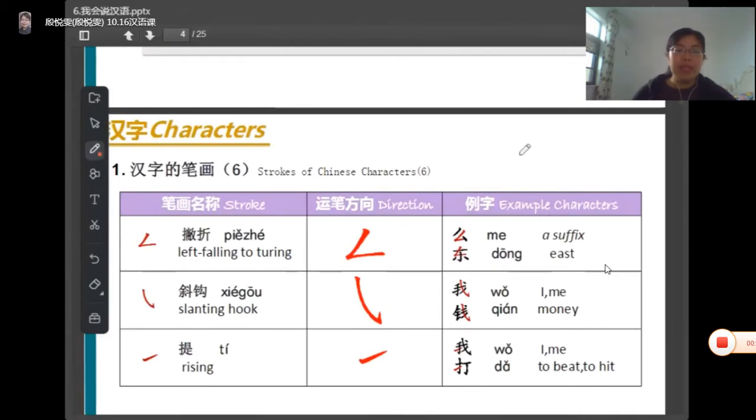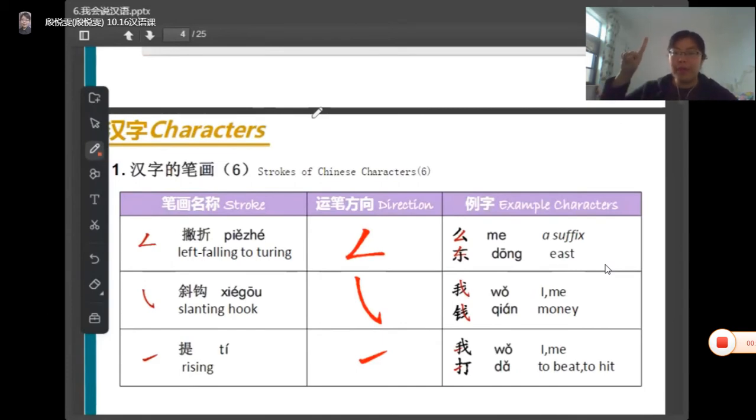Okay, about today's Chinese characters. We see the strokes of Chinese characters first. Today there are three kinds of strokes. The first one is 撇折.